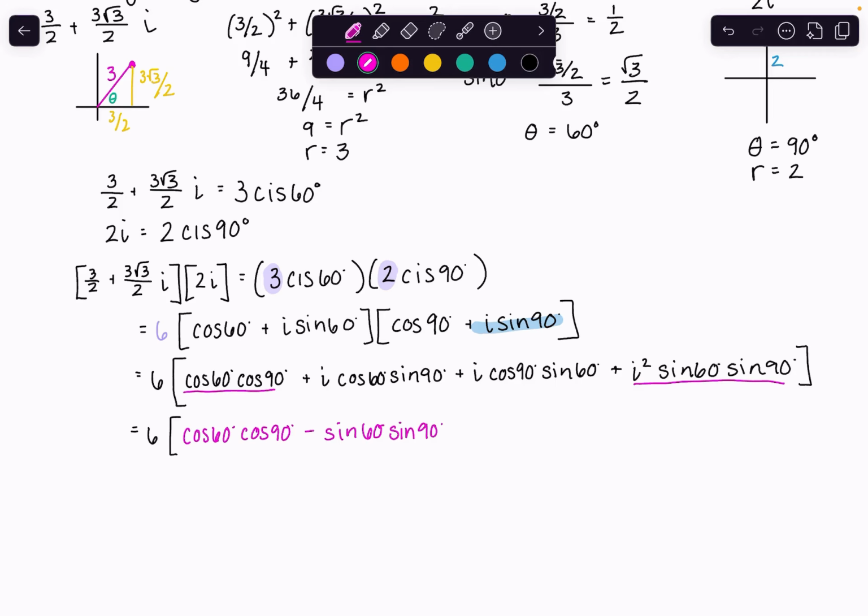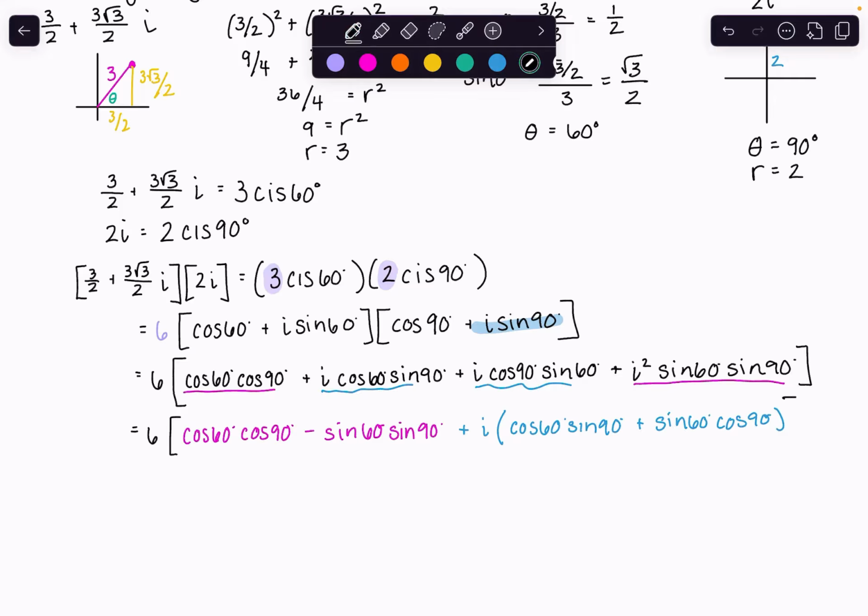Okay. Then looking at this next piece, they both have an I in it, so I'm going to go ahead and factor that out. And that leaves us with cosine of 60, sine of 90, plus cosine of 90, sine of 60. So you can rearrange that to see you get the opposite for each variable.